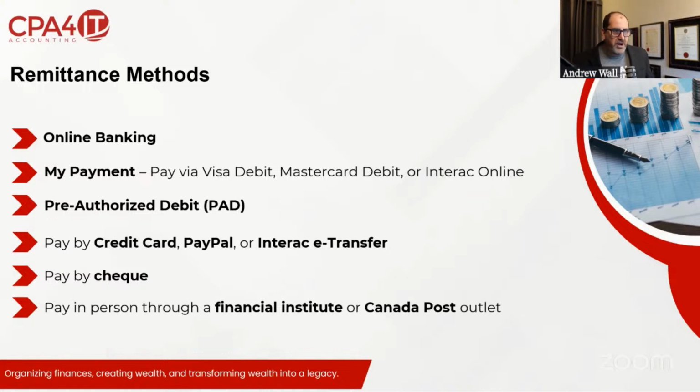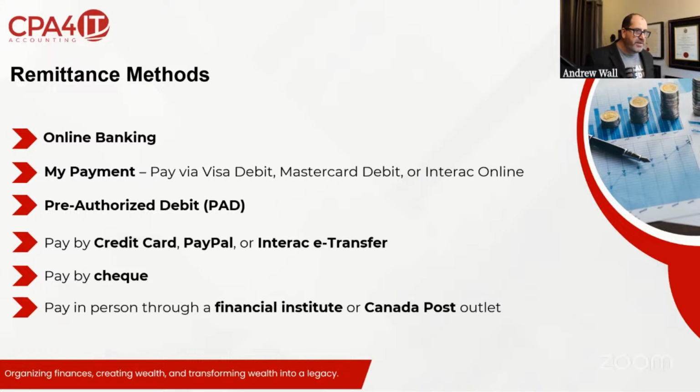You can also do pre-authorized debit. You can pay by credit card, PayPal, or Interac. Again, this is going to be through the CRA My Payment section. You can pay by check by sending a payment in the mail at Canada Post. The key here is that you are going to need a copy of your PD7A form when you go to Canada Post. It will be considered to be paid the date you drop it off at Canada Post.